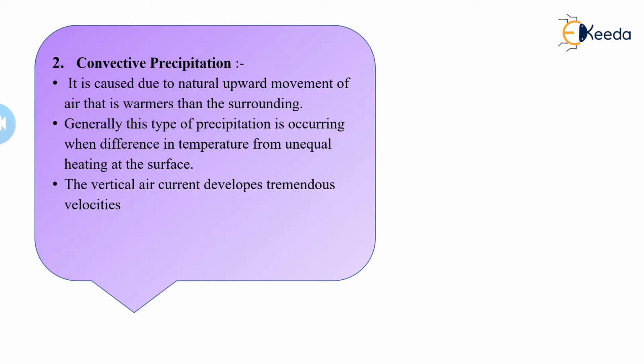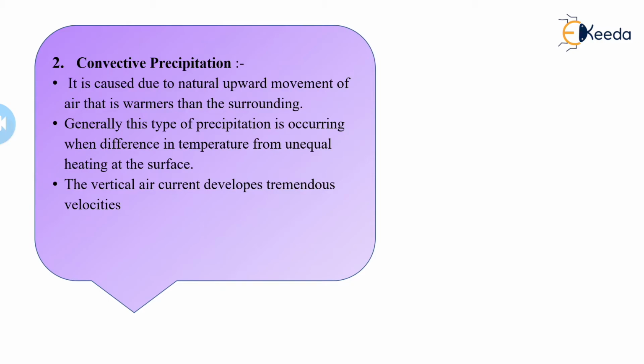Sometimes it comes from a colder region, and sometimes from a hotter region. Because of this unequal heating, the temperature increases suddenly and decreases suddenly. Because of this action, the precipitation that occurs is known as convective precipitation.